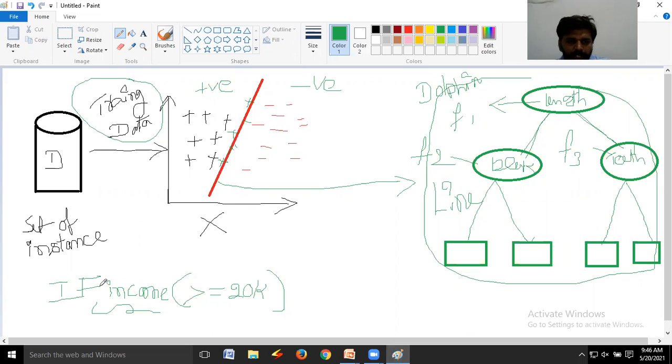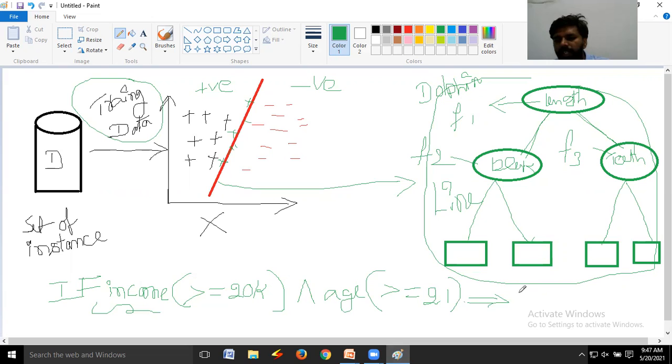Here we are writing the rule like this: if income is greater than or equal to 20,000, and this is a conjunction, and age of the person is greater than or equal to 21 years, then we may give a loan to him.